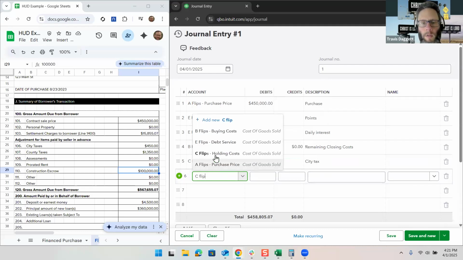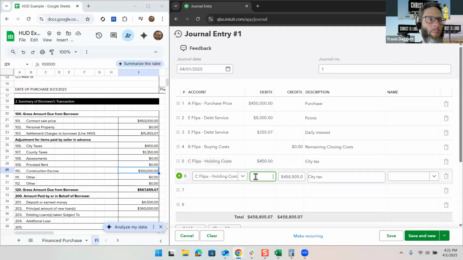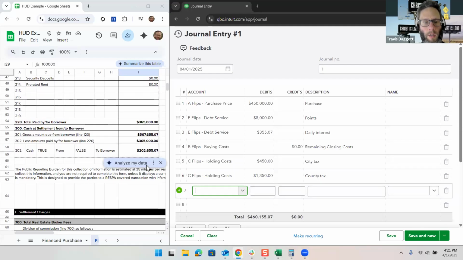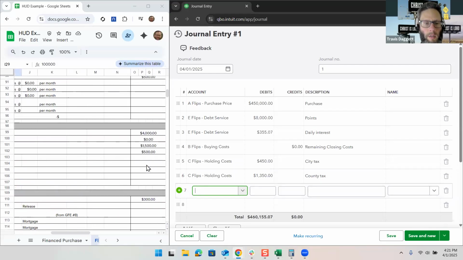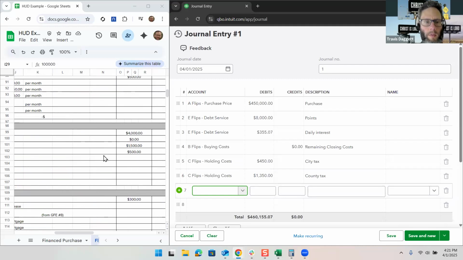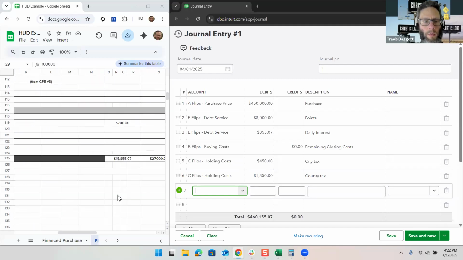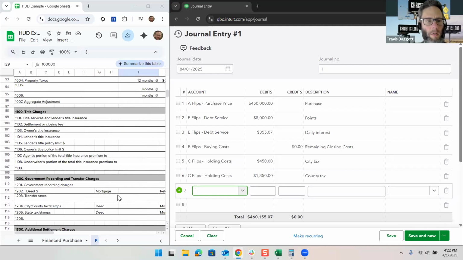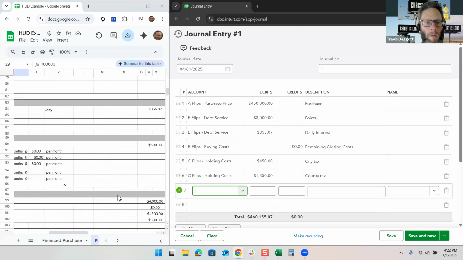And then let's do another. This will be our county. Okay, and then we have our taxes, insurance, escrow. We have that right here.